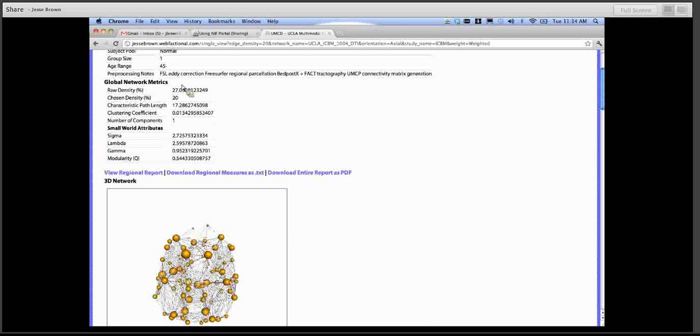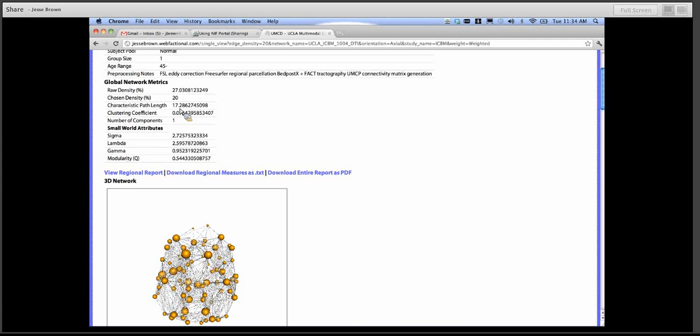And then these are the global measures that I was talking about earlier, the characteristic path length and the clustering coefficient. These numbers, especially for a weighted network analysis, are really only useful to interpret in the context of comparison to an equivalent set of subjects.